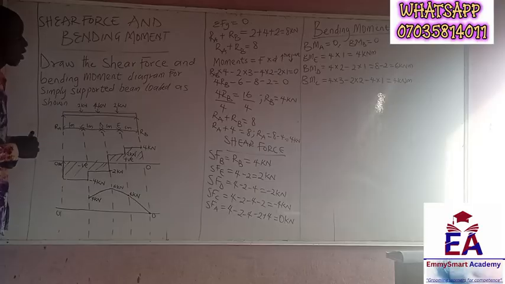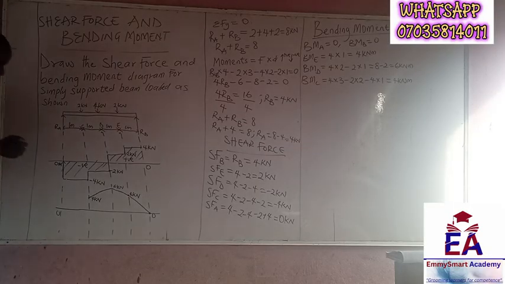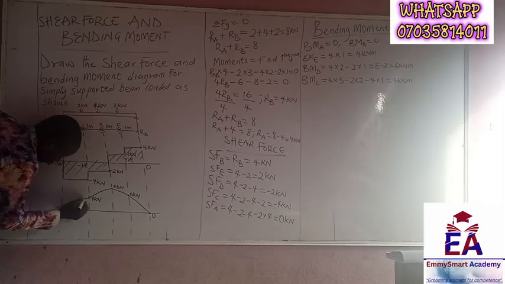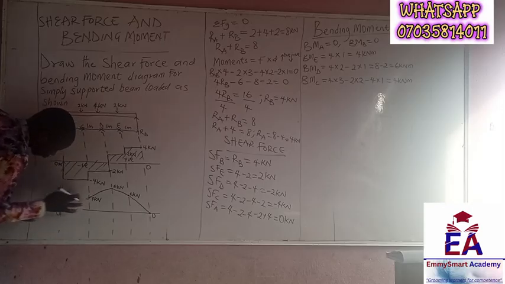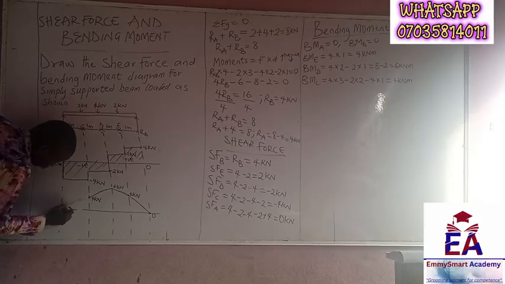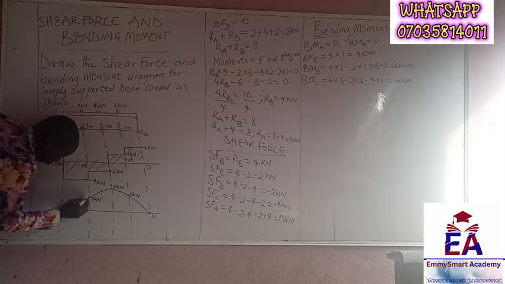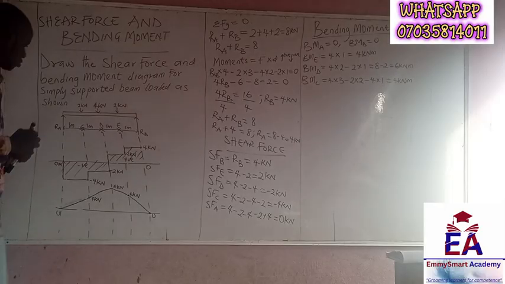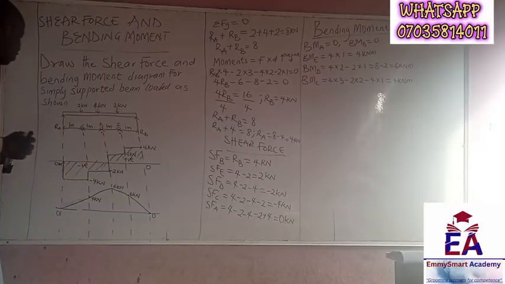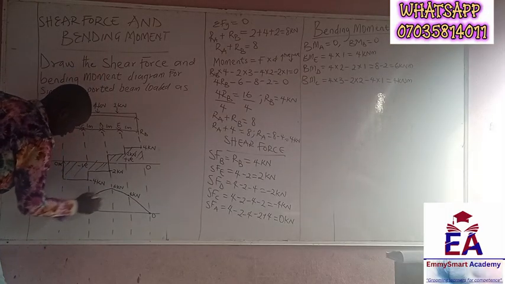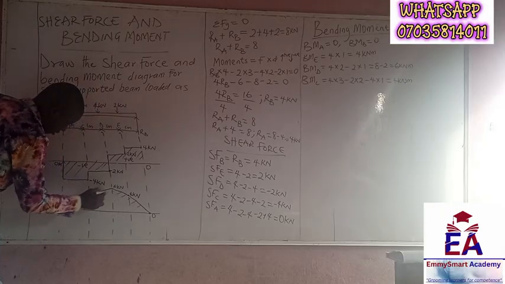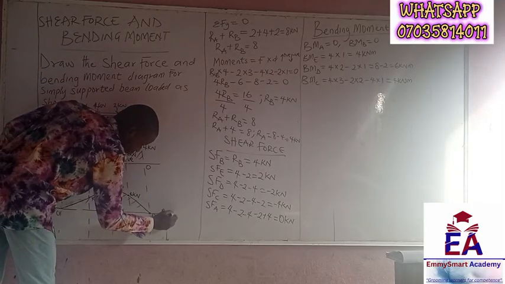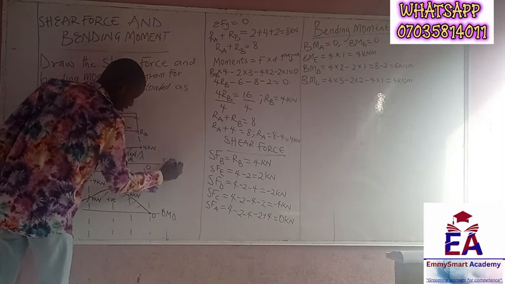And then at point A is 0, so it went down to 0. Okay, so that's basically the diagram for the bending moment, and I shade it. So this part is positive. This is the bending moment diagram and this is the shear force diagram.